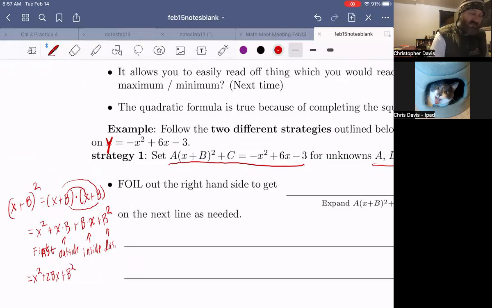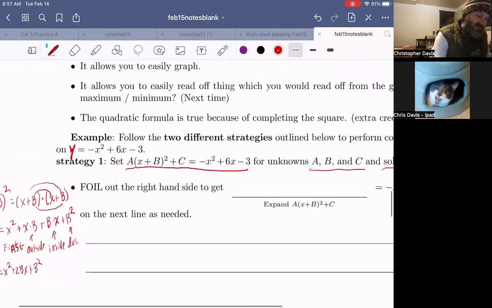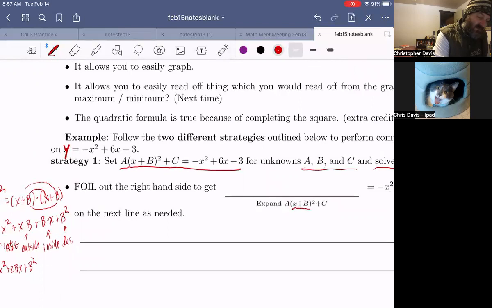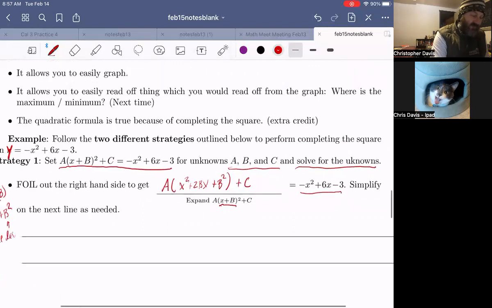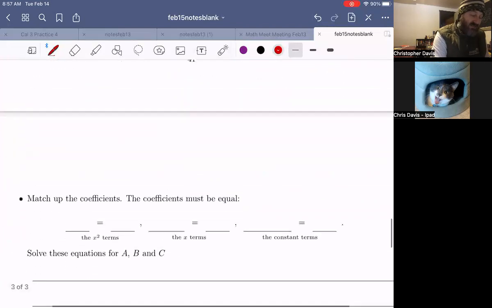And that's definitely something off to the side, not something I would need to see right now. So let's use that and just FOIL out that. So that'll be a times x squared plus 2bx, bx plus bx is 2bx, plus b squared, close parentheses, plus c. And allegedly that is equal to this. And let's just keep on simplifying to solve.